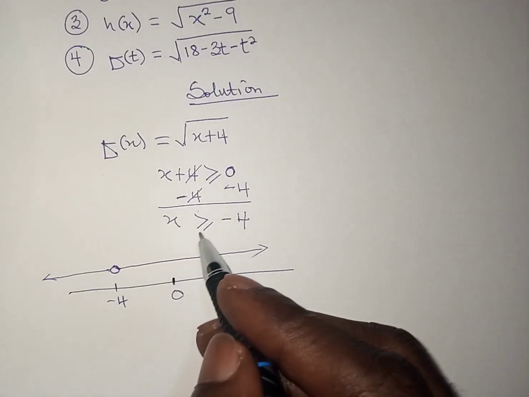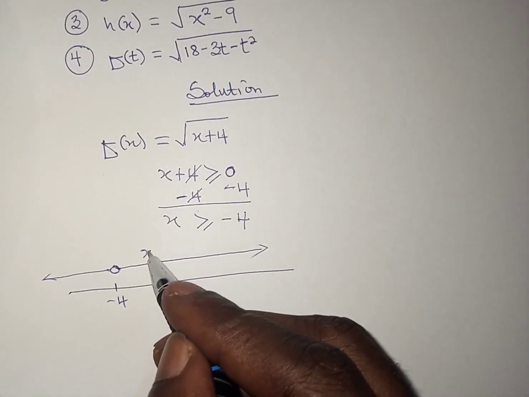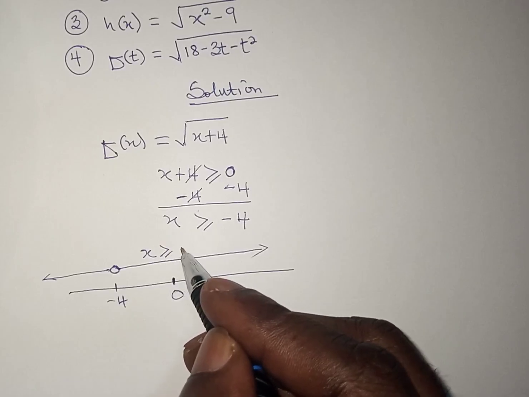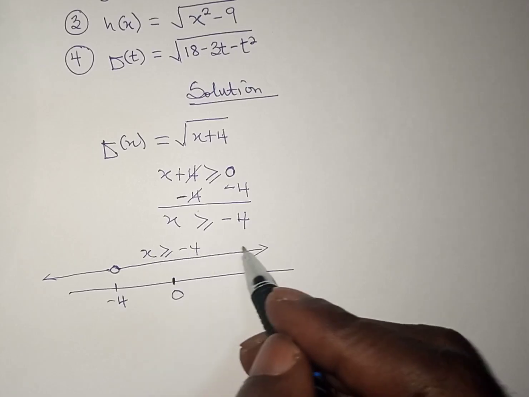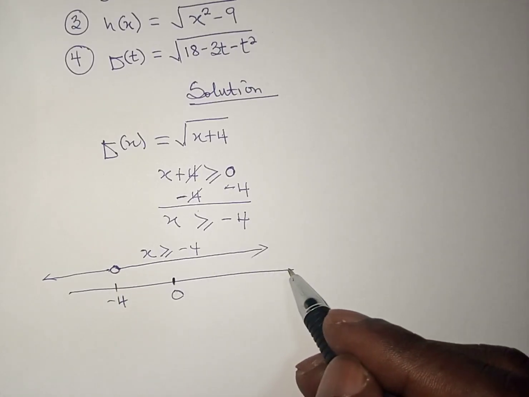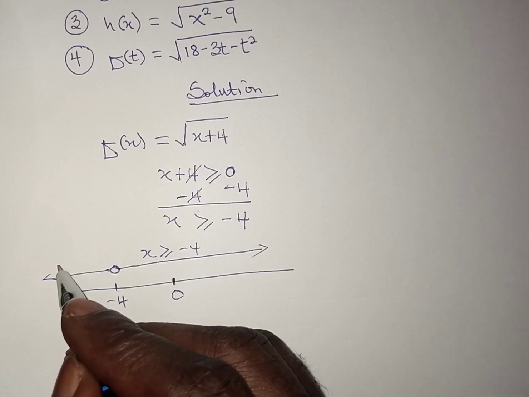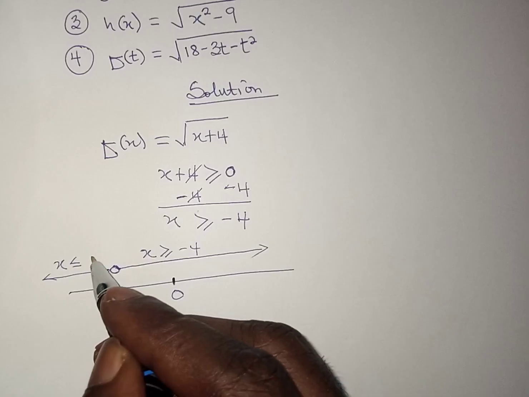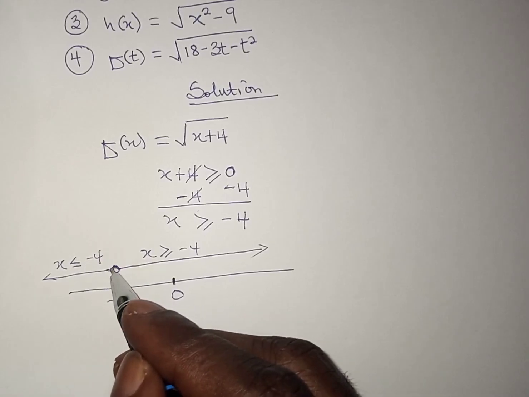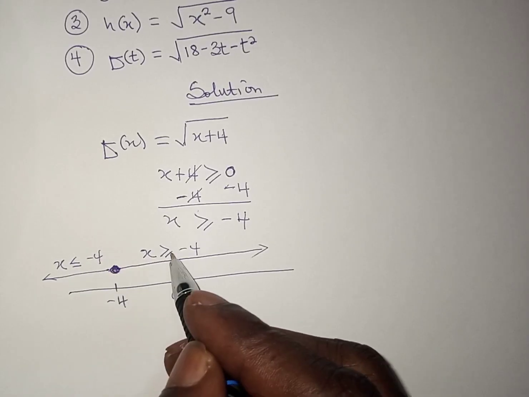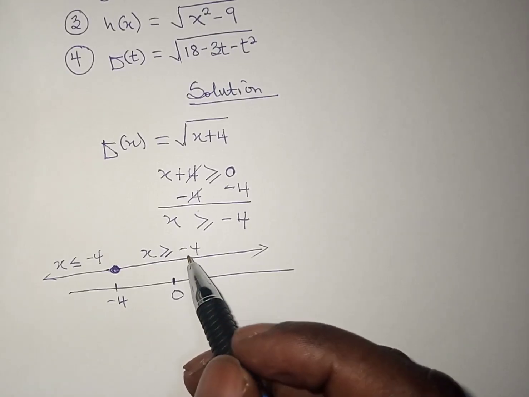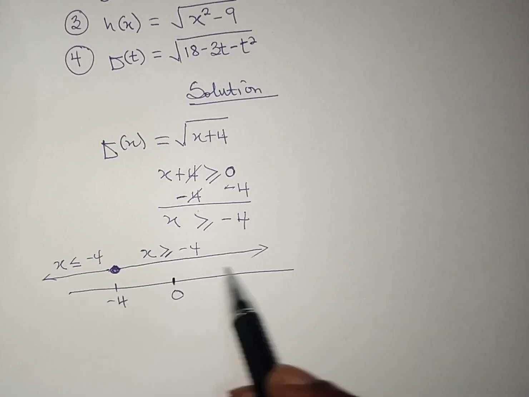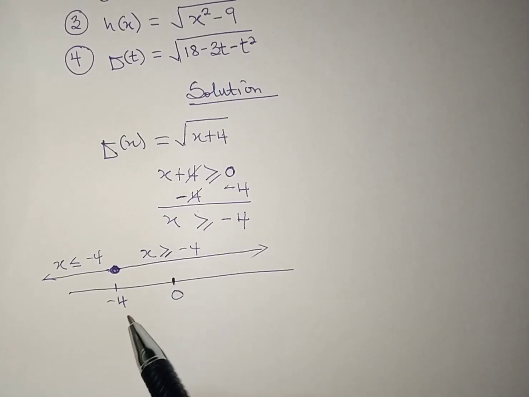Now if I'm to write the inequality, this portion should be greater or equal to -4, and here my x should be less or equal to -4. I should shade this because we are saying that -4 is inclusive.